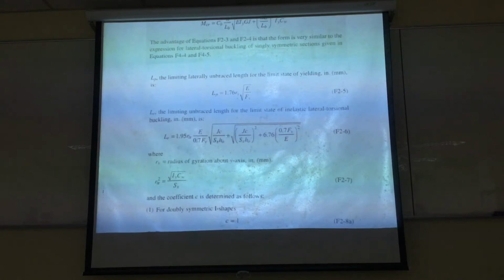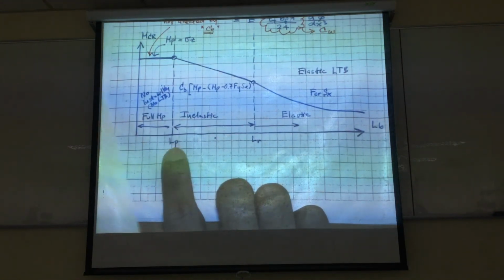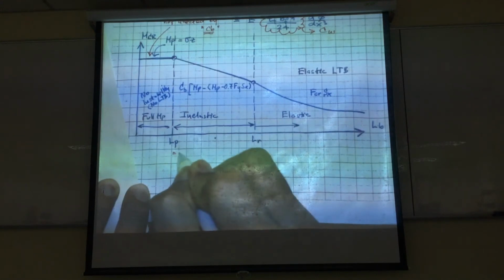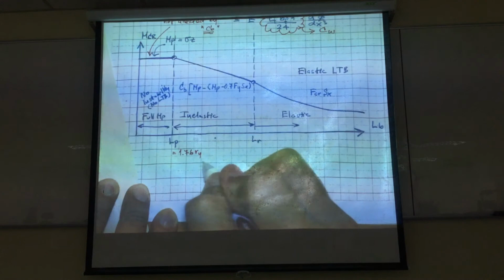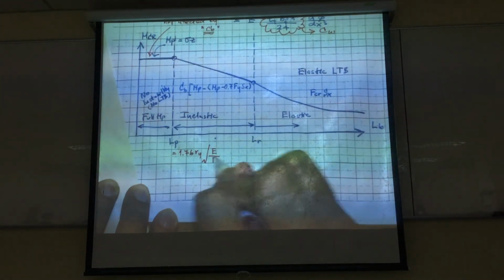LP is the one you have over here. Okay, so this LP is what? Equals to 1.76 ry square root of E over Fy.